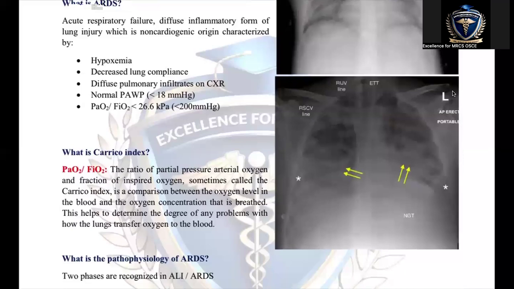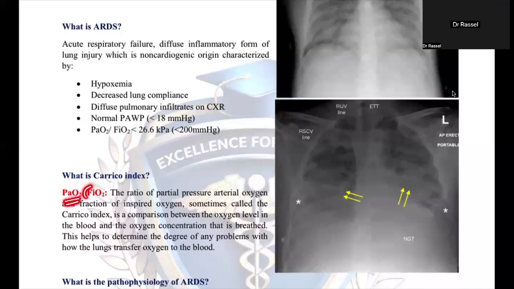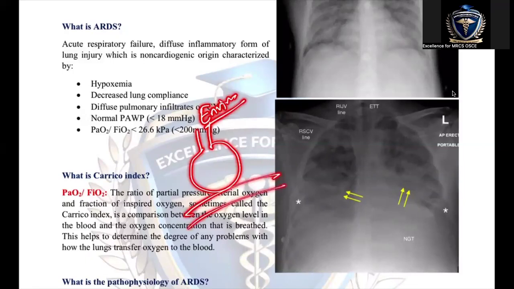Okay, that's great. Now come to the Carrico index. The Carrico index is the ratio between the partial pressure of oxygen in the arterial blood and the FiO2, the fraction of inspired oxygen, which in the environment is like 21%. One thing is measured from the blood and the other from the environment or lung alveoli.